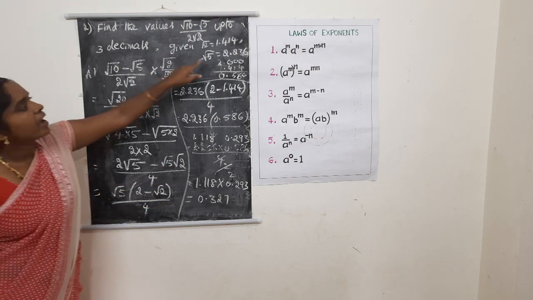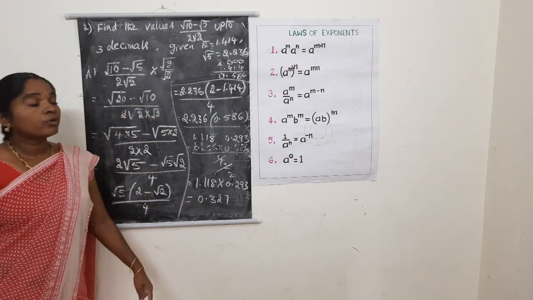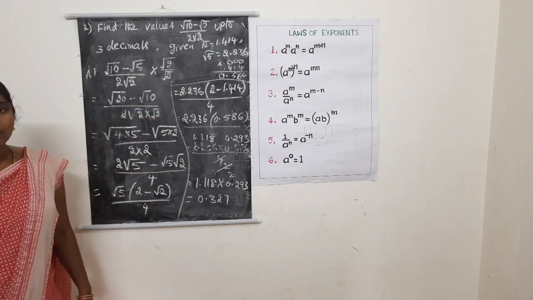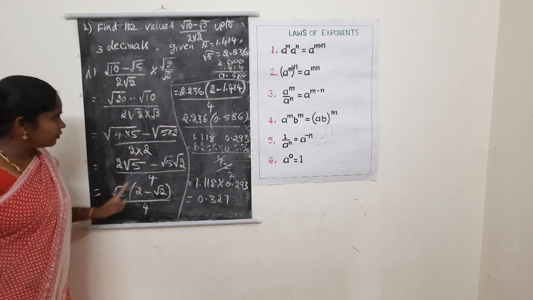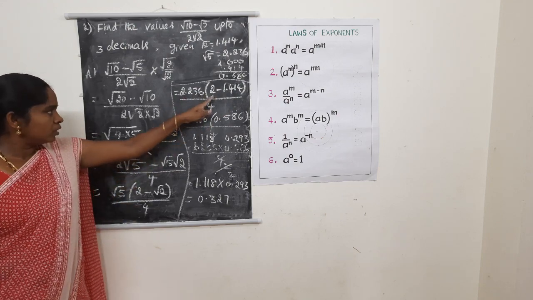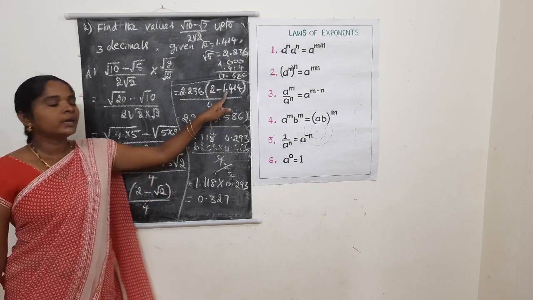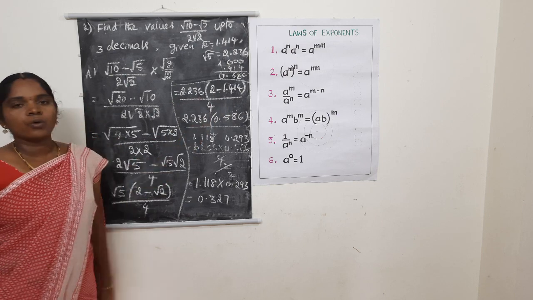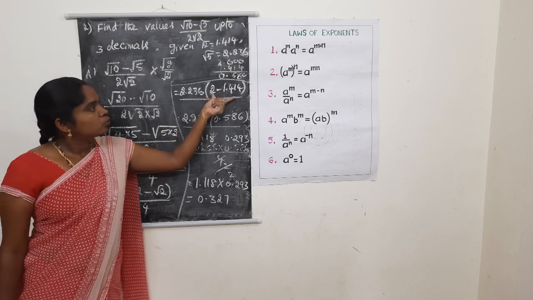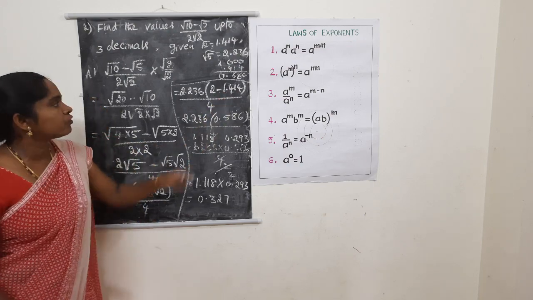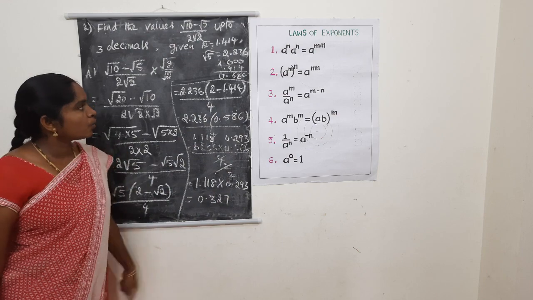Root 5 value is 2.236 and root 2 value is 1.414. So substitute these values. Root 5 is 2.236 into 2 as it is, minus root 2 which is 1.414, by 4. So 2.236 into 2 minus 1.414. 2 can be written as 2.000.